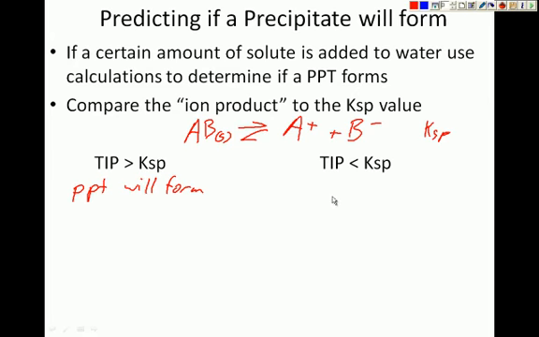If the trial ion product, or the TIP, is less than Ksp, a precipitate will not form. So in a scenario where TIP is less than Ksp, a precipitate will not form.